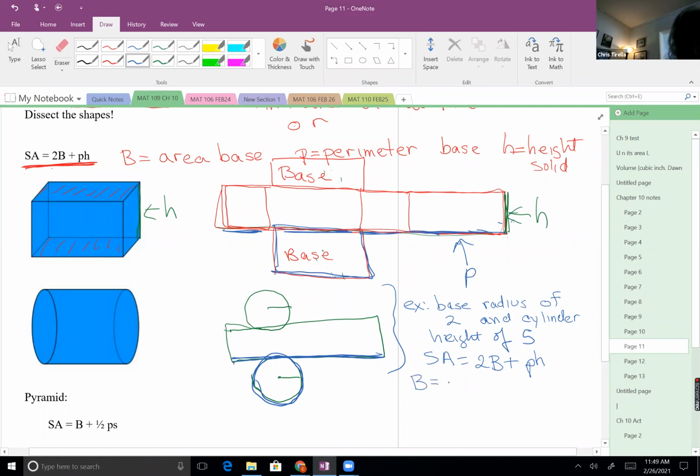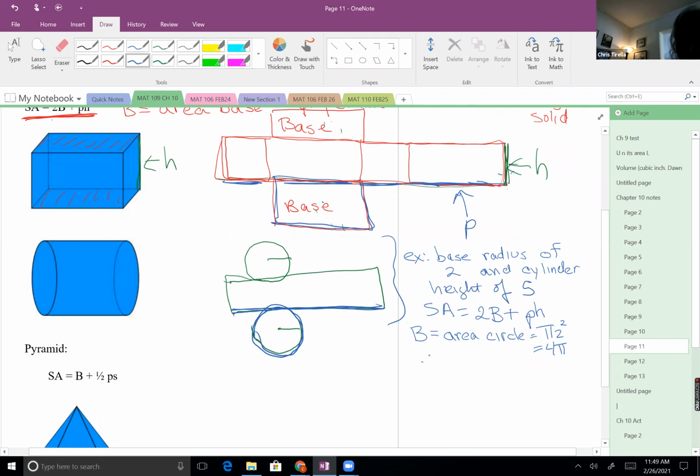B, the area of the base, would be the area of the circle, which is pi r squared, or 4 pi. P, the perimeter, would be the circumference of the circle, which is pi times the diameter, which is 4 pi.